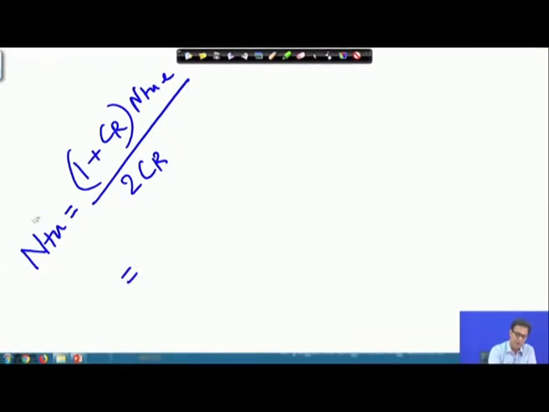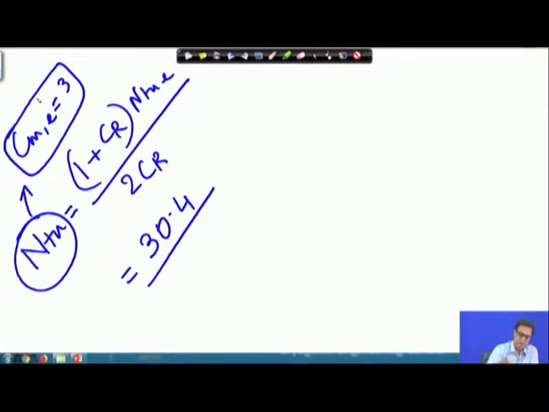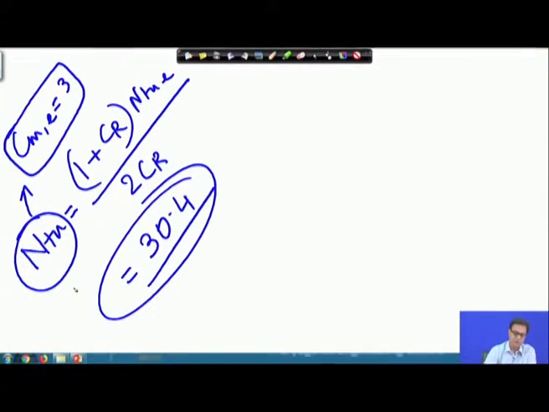So, we have this NTU coming to be 30.4, and this is the NTU value based on our assumption of CME equals 3.